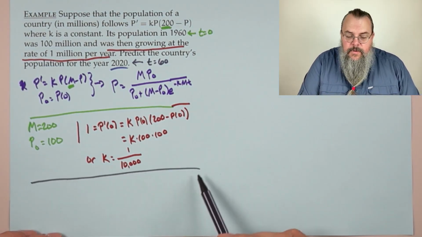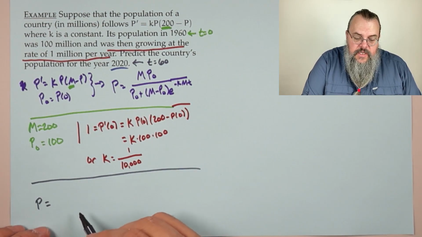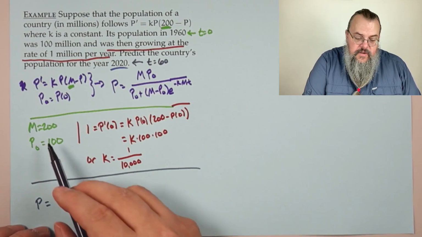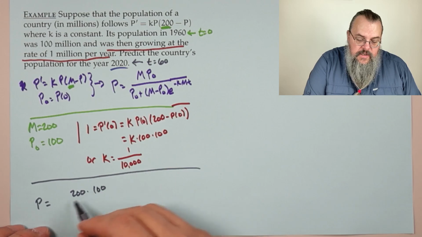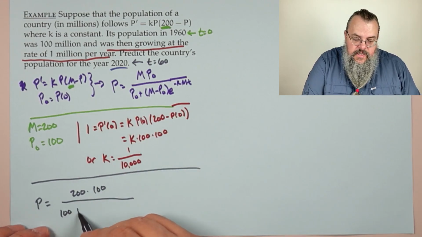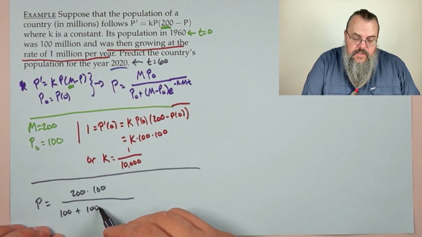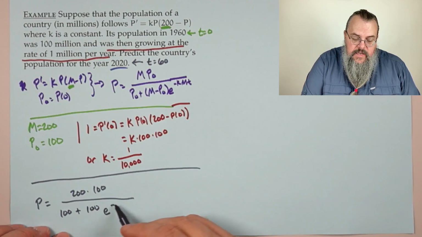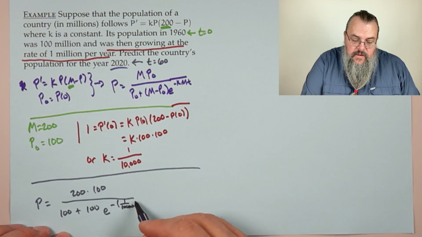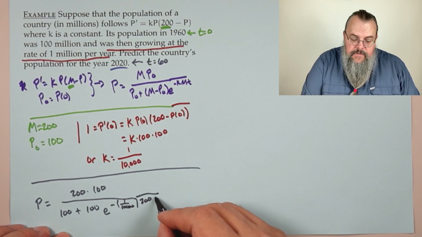So now we plug in what we know. We have P, our population, is M, which is 200, times our P0, which is 100, over our P0, which is 100, plus our M minus P0, 200 minus 100, which is 100. And then we have e to the minus K, 1 over 10,000, times M, which is 200, times t.